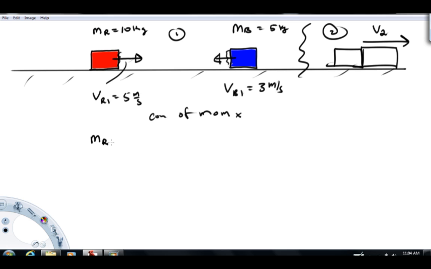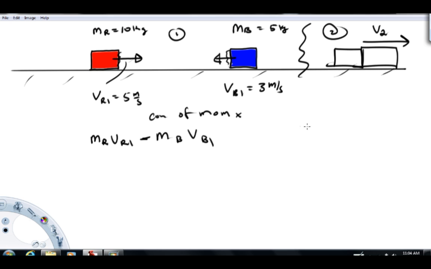Mass, the red mass, m sub r times VR1, plus the momentum of the blue mass. Now I said plus, but this velocity vector points left, so the momentum is negative, so we're going to have minus mass B times VB1.